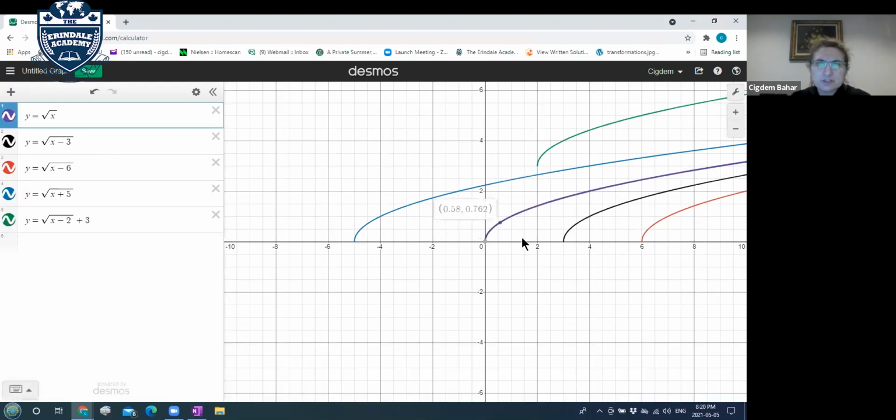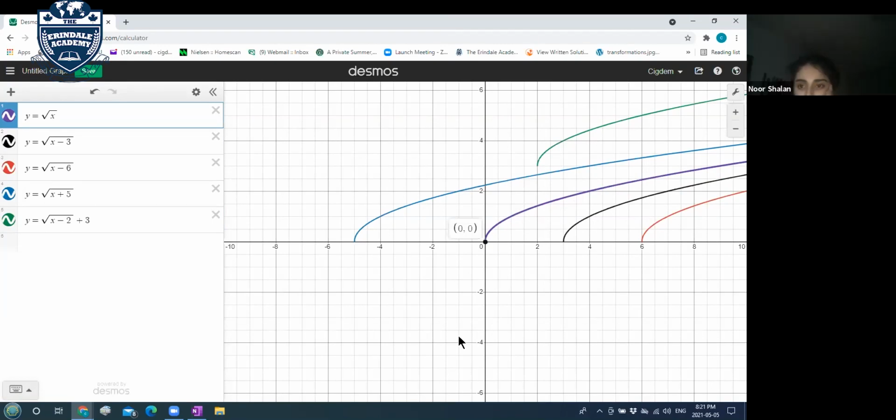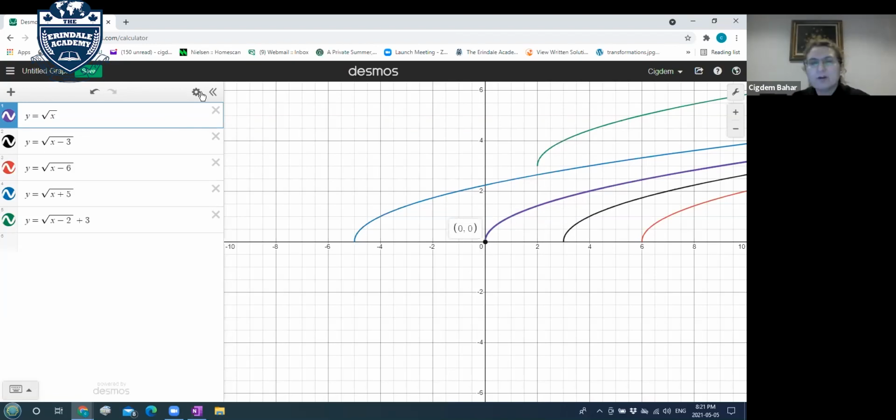From 0, it shifted 2 right, 3 up. 2 right, 3 up. Can you follow? Yes. It's good. If you are comfortable with this, we will do vertical stretch or compression and horizontal stretch or compression. So you should be comfortable with right, left, up, down, and then a new one is coming.